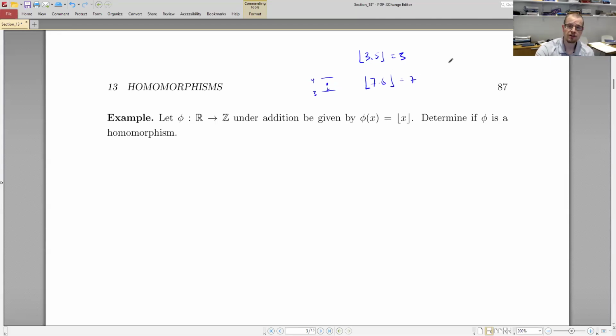A couple that are interesting to know would be the floor of 5. It's the greatest integer less than or equal to. So this actually is 5. We do have equality there.